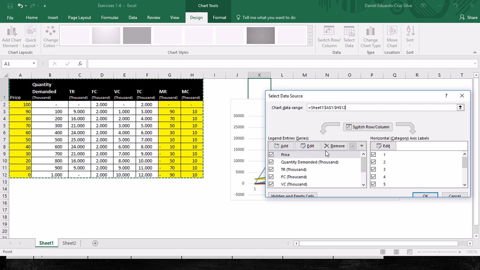So what we're going to do is cancel this one. We don't need this one, this one, this one. Okay, this one, no, and no. Then you say remove.